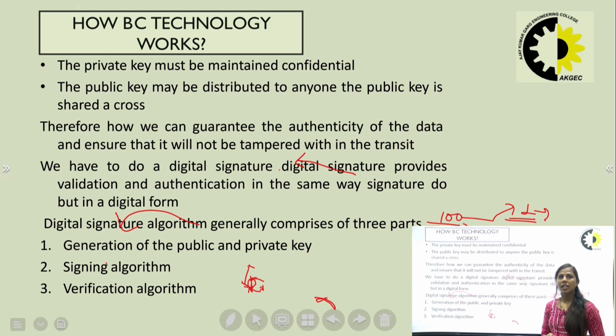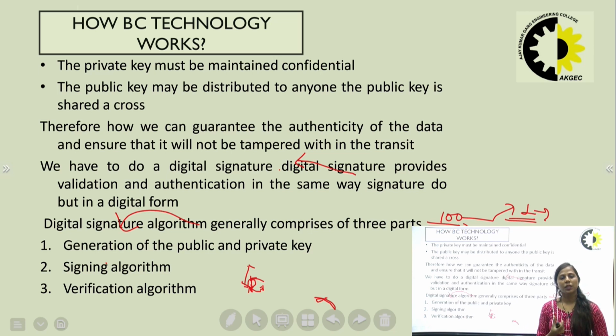A digital signature is used in the cryptography process, which provides us validation and authentication in the same way a signature does, but in digital form. For example, in the real world we have different documents on which we sign.